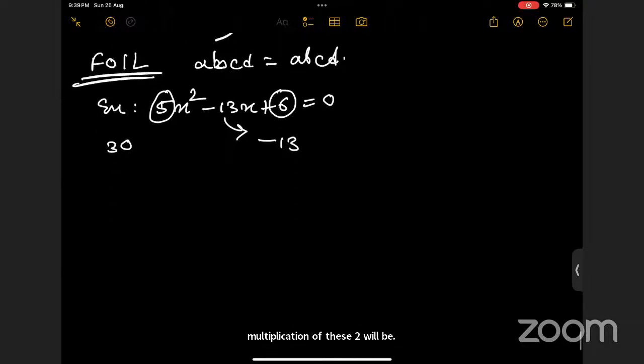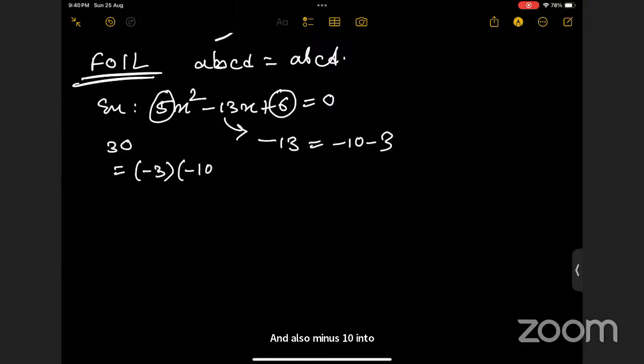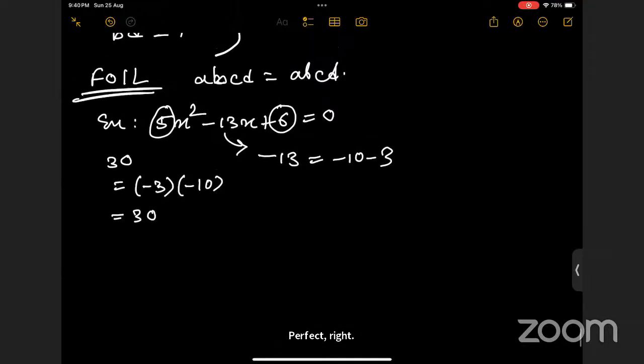So what is simply coming to our mind? It can be minus 10 and minus 3, right? Which sum is minus 13, and also minus 10 into minus 3 is 30, right? So we'll take minus 3 and minus 10.